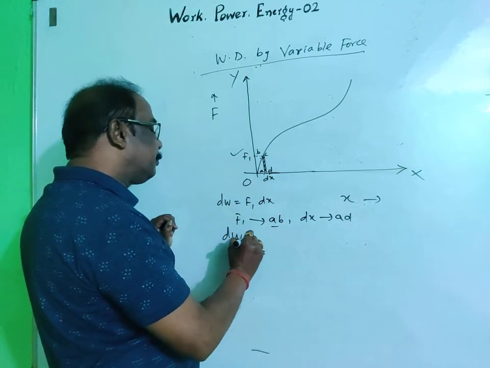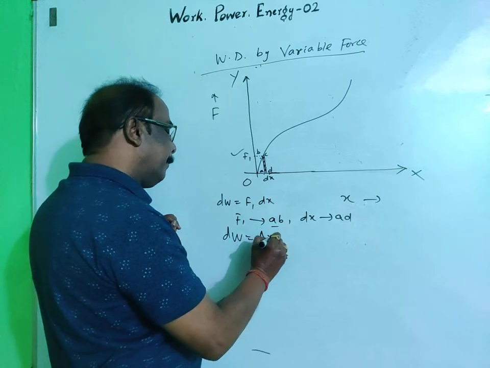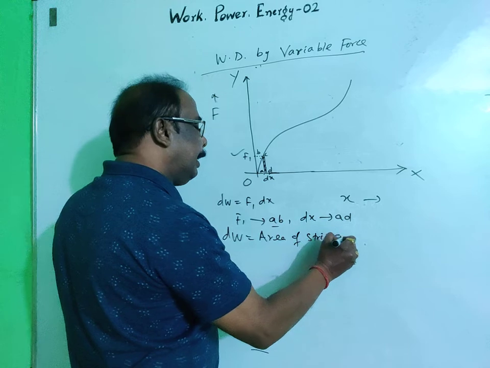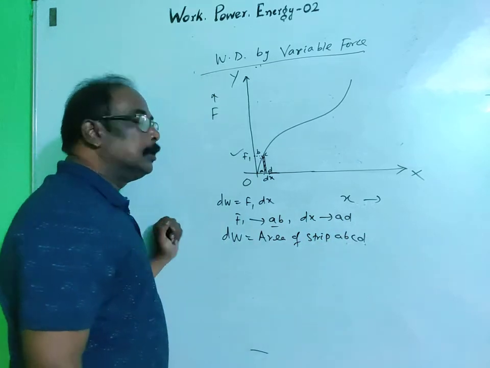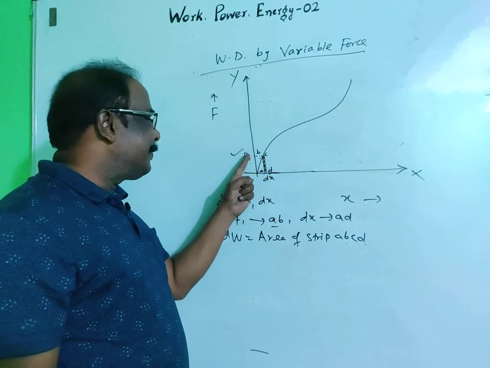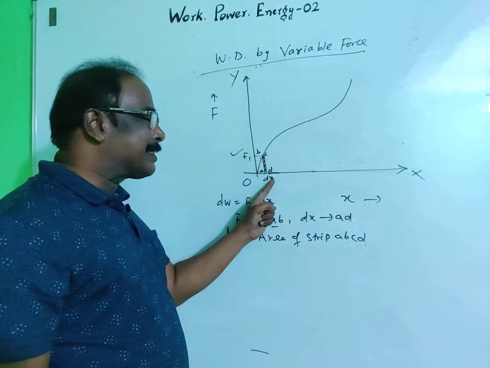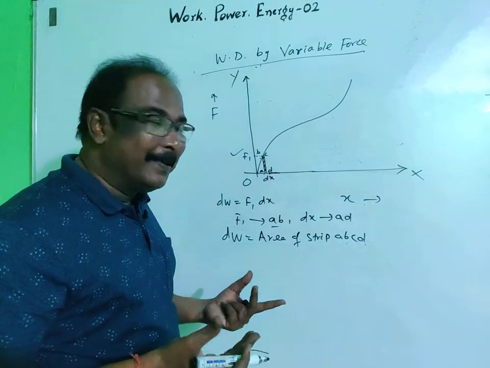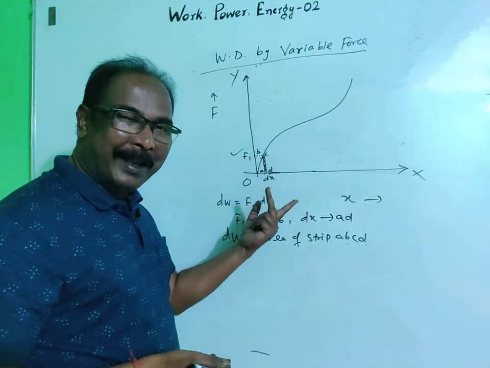Then dw is equal to the area of the strip ABCD. So F1 is the force at any instant and displaces the body through dx. Then the area under the graph here is the area of the strip.